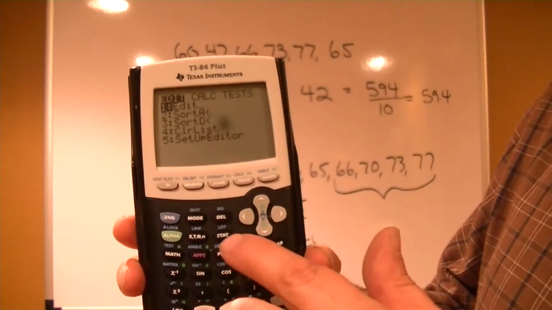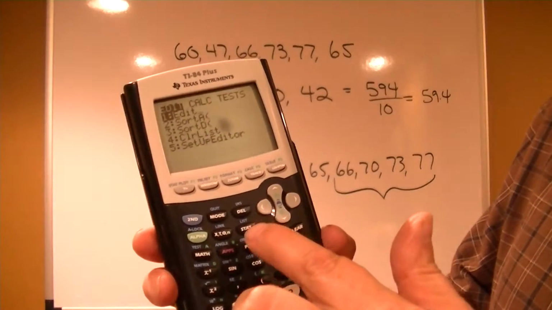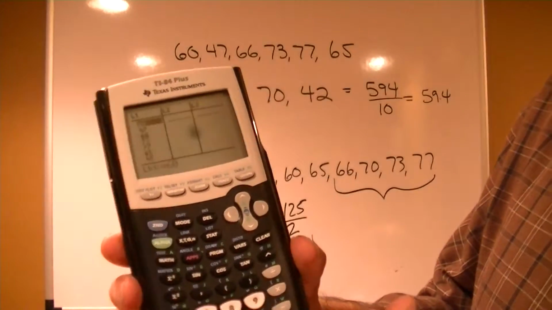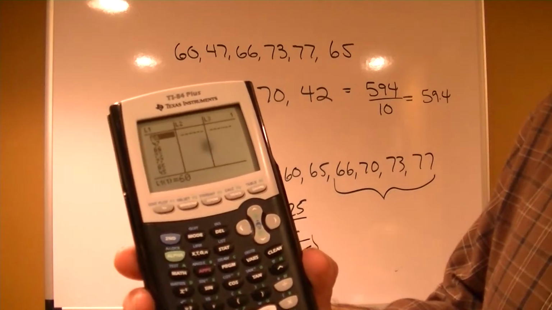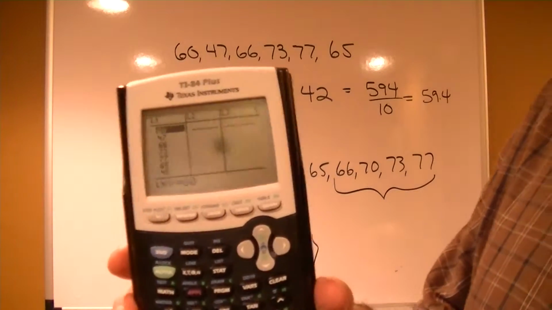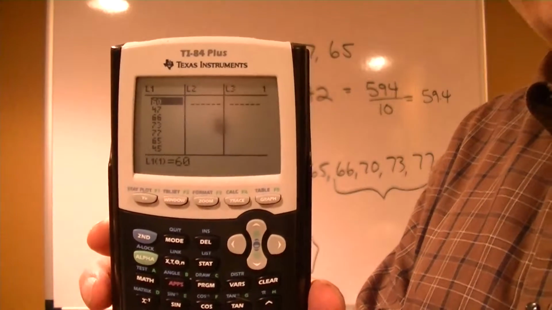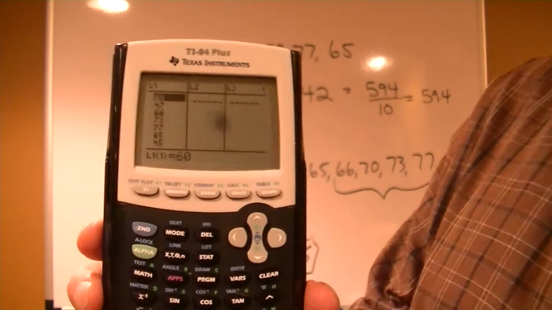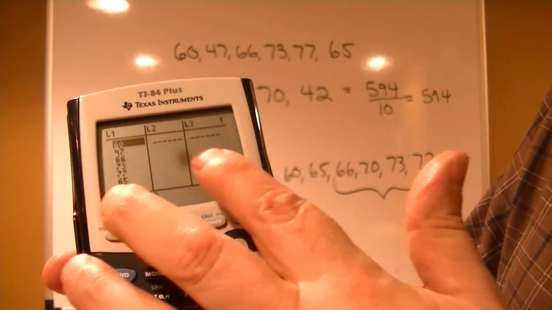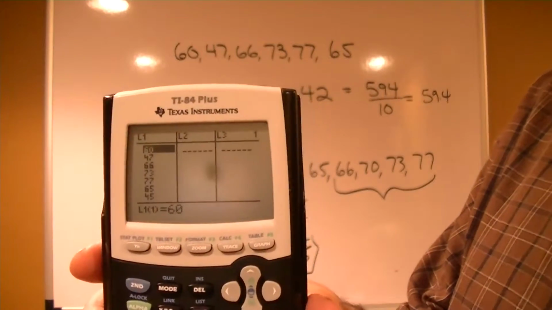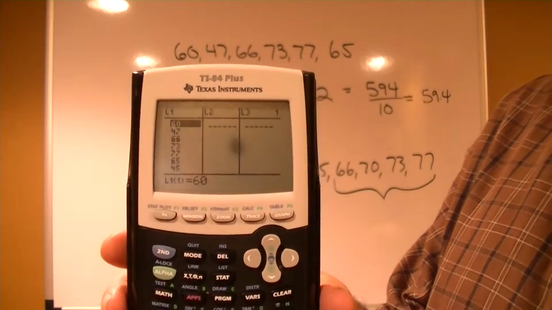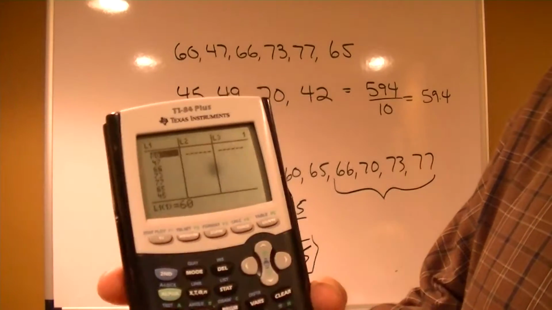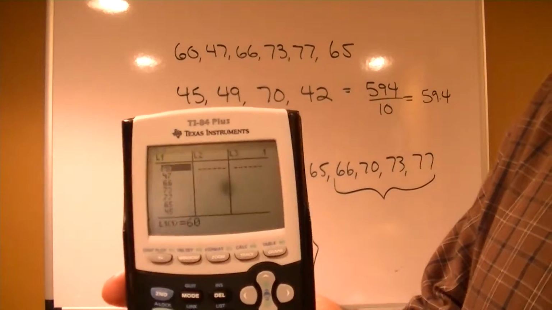From here I hit number 1 or enter, either way. And here are my values in L1, what's called list 1. You can see it's going across list 1, list 2, list 3, and so on. Keep in mind that my data is in L1.